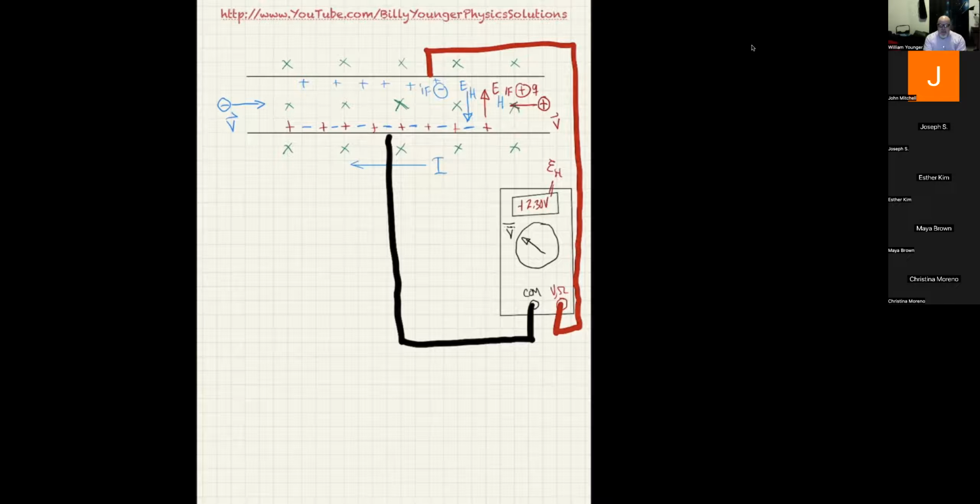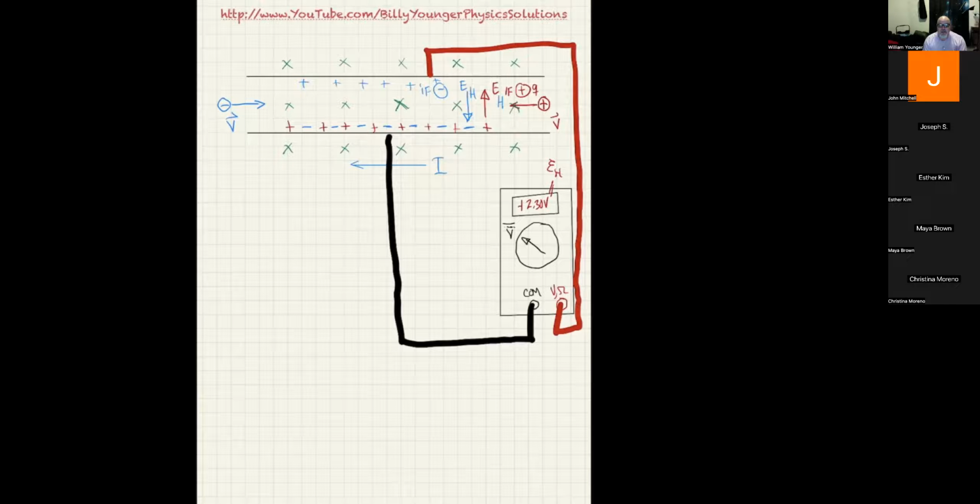Okay. Now, what's going to happen is just like when we first started studying current, we discovered that there was a drift velocity that occurred, and that drift velocity was related to J and all that good stuff.